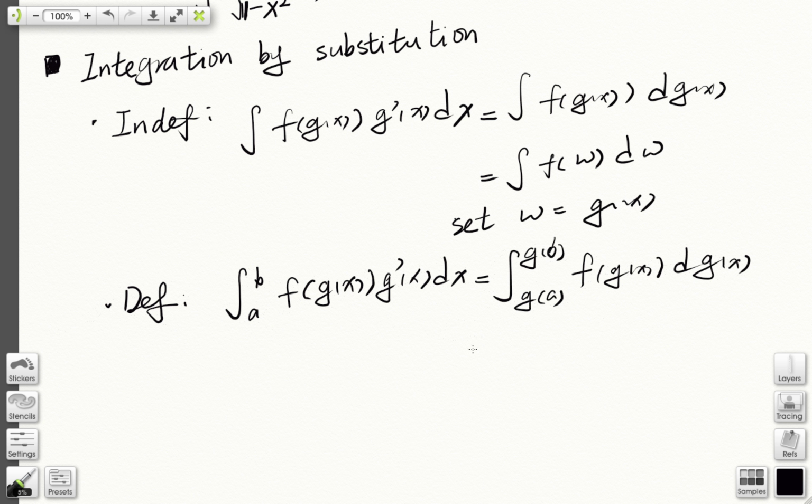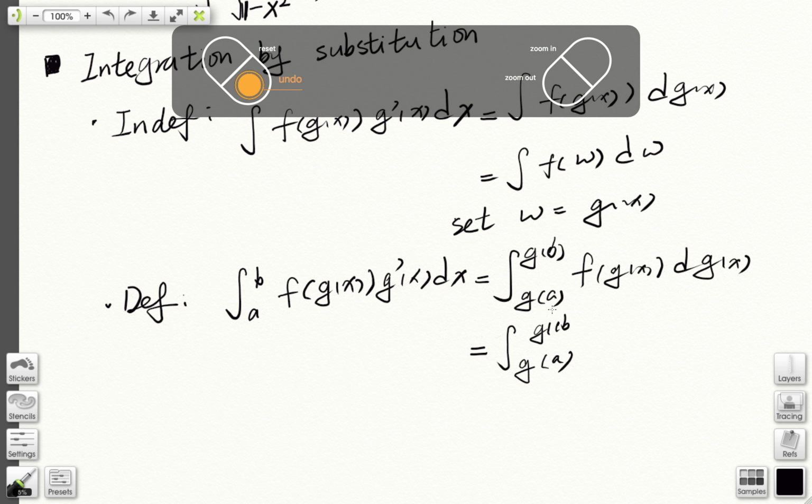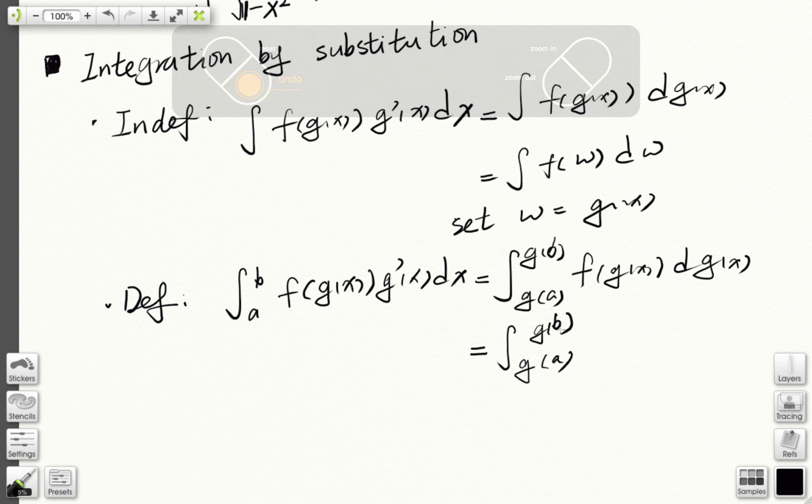So again, we set omega equals g of x, then we will have the integral of f omega d omega.